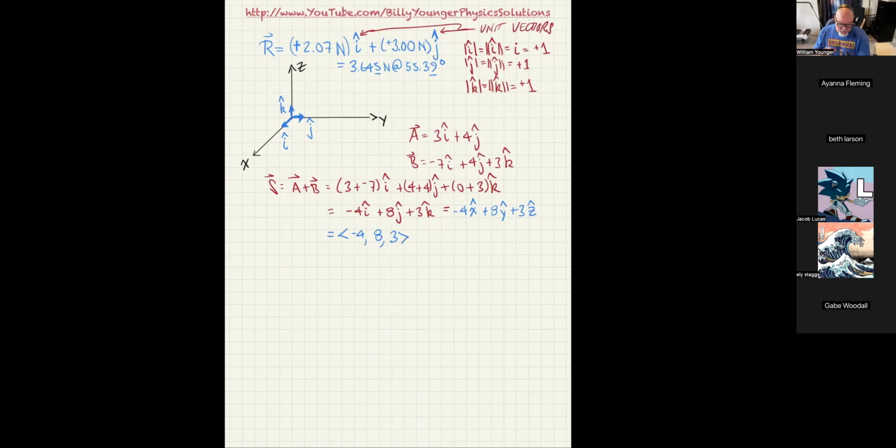Notice how in that case it's just like a point, where a point would be left parenthesis negative 4 comma 8 comma 3 close parenthesis. When you're doing an actual vector, you can indicate that it's a vector as opposed to a point by putting it in a less than and greater than symbol. So that's sort of all the bells and whistles associated with addition and subtraction of vectors. So anybody have any questions on any of that now?